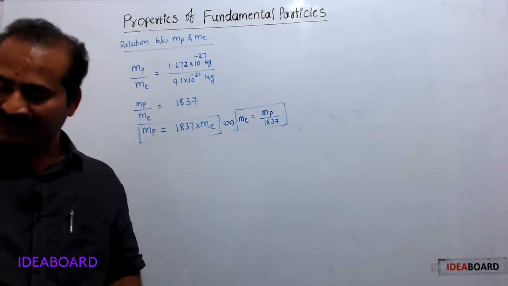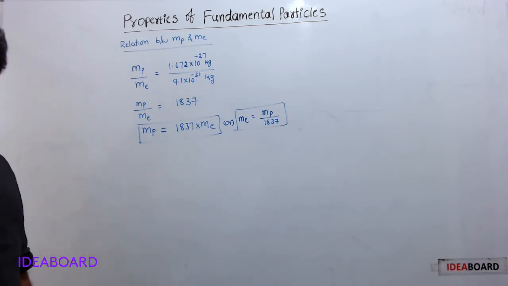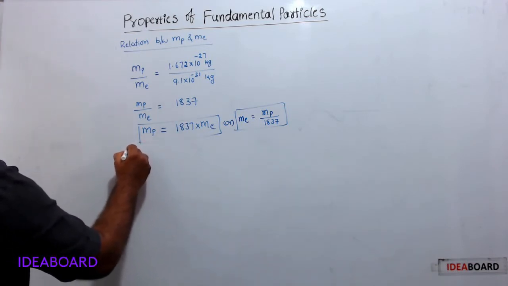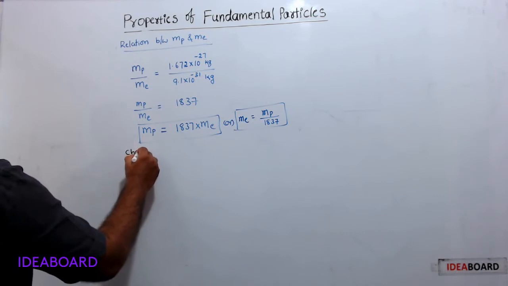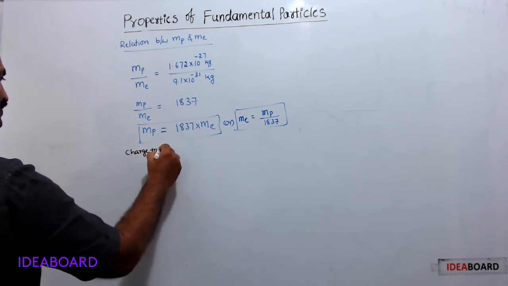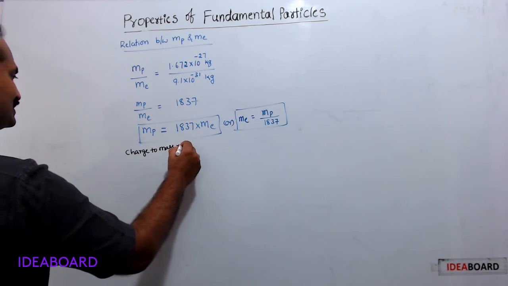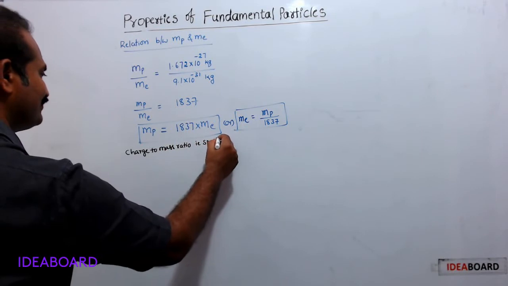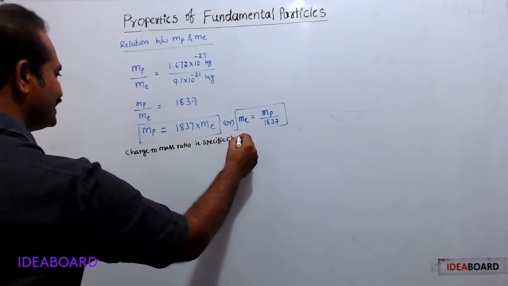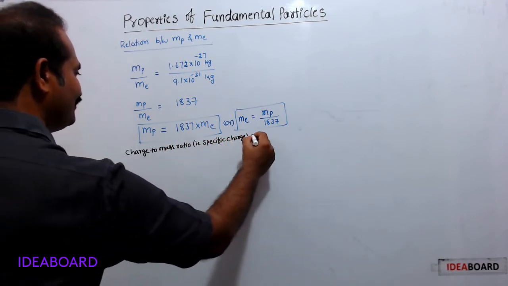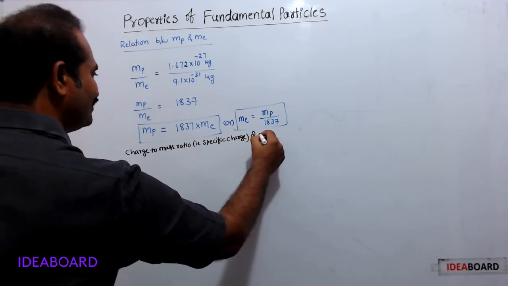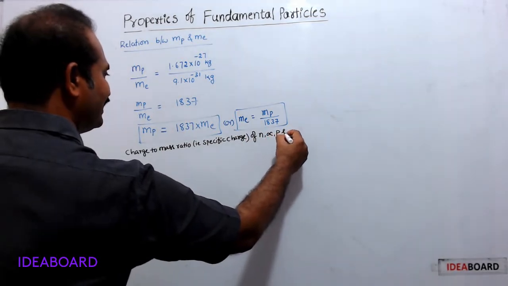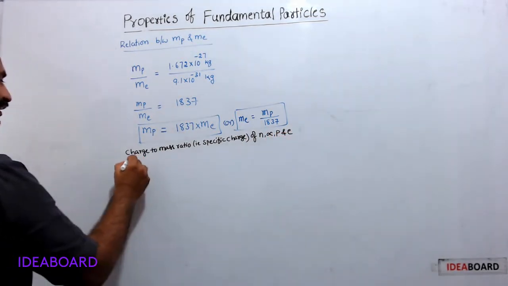Now come to charge to mass ratio, also called as specific charge. Charge to mass ratio, that is specific charge of neutron, alpha particle, proton and electron.